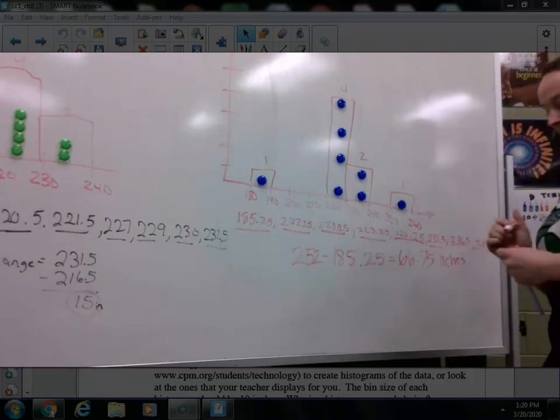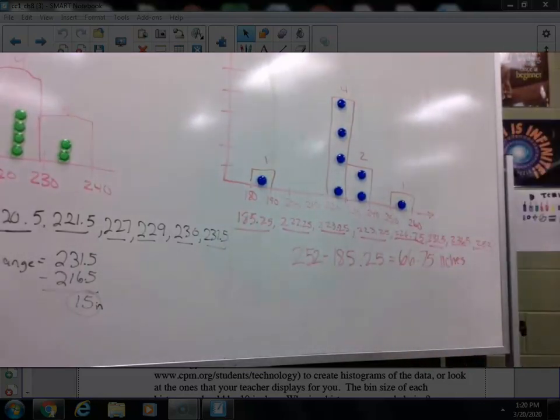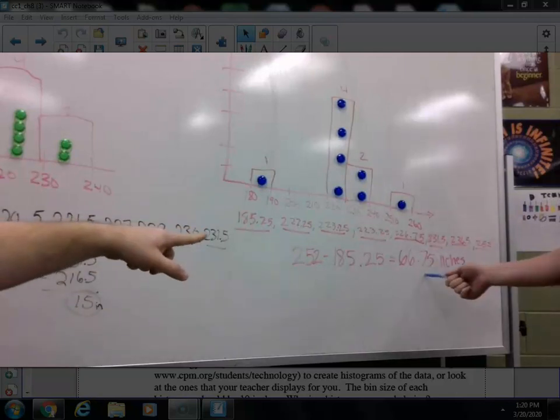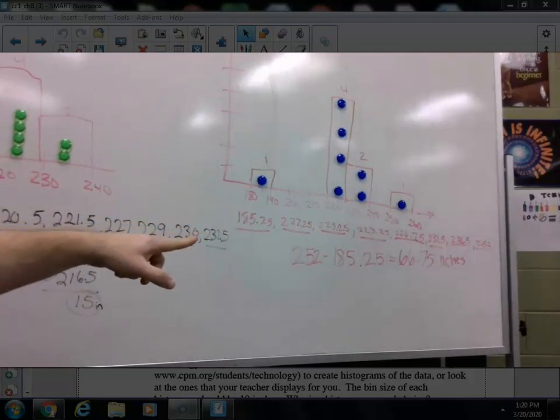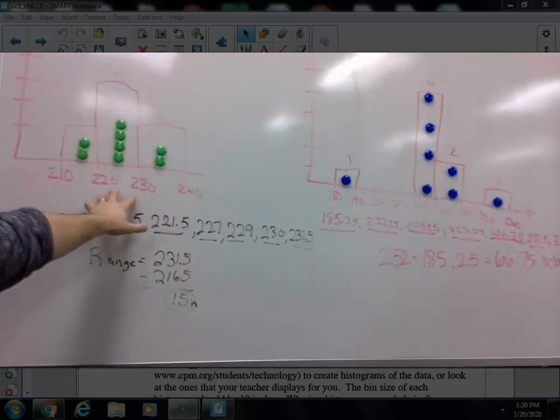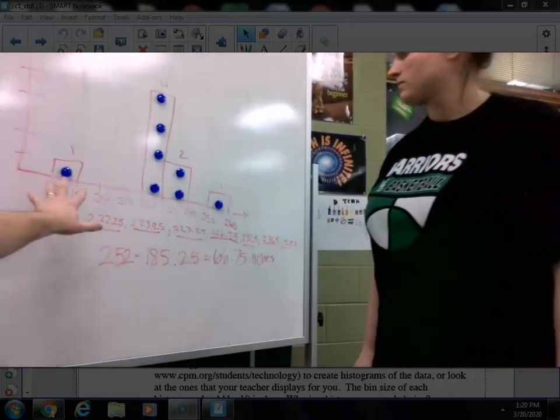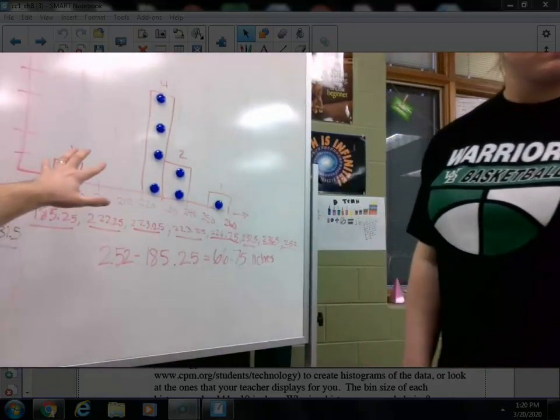So what does that range tell us? It tells us the range of information here in 2008 is 15, and 66 and 75 hundredths is a lot larger than that. And if you look at our histograms, we said our data here was pretty closely clustered together, and over here, pretty far spread out.